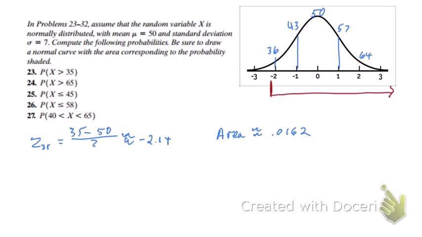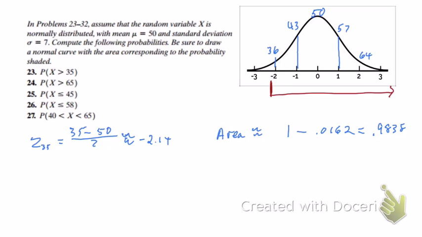I want the area to the right of that, so I've got to subtract that number from 1. 1 minus that is going to give me 0.9838. In other words, the area represented by that red line there, if I colored all of that in, is 98% of the area under the curve.